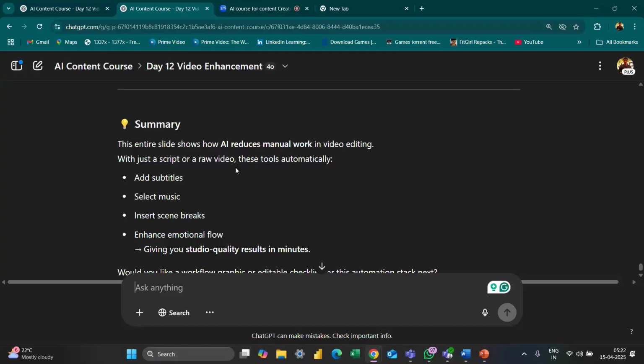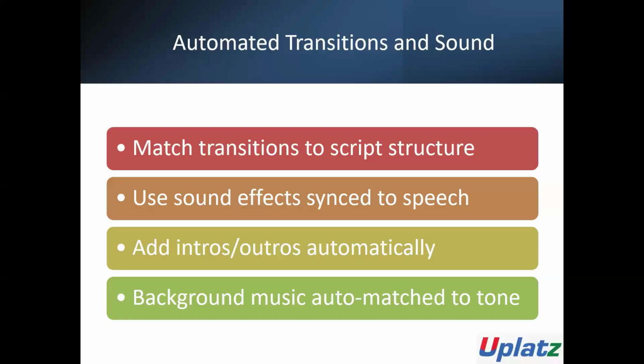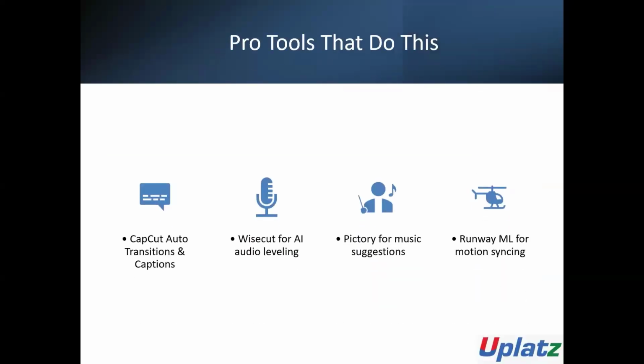So now we can understand how we can enable all these options, and it really gives studio quality results in minutes. That is the USP of this. If we go to the slide, we see automated transitions and sound.